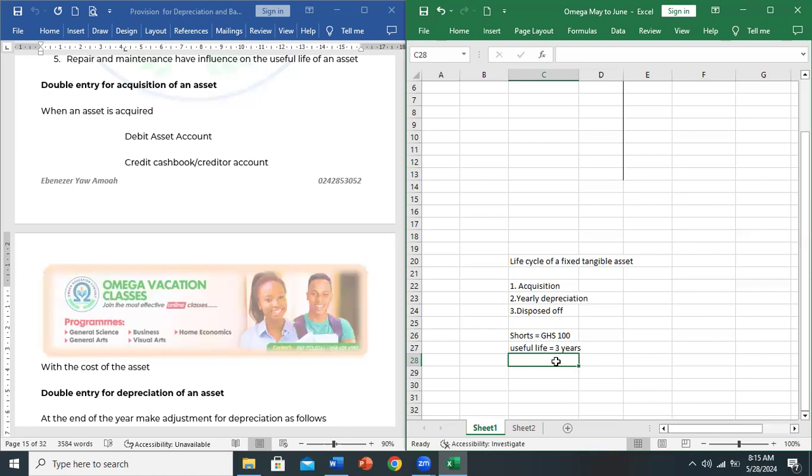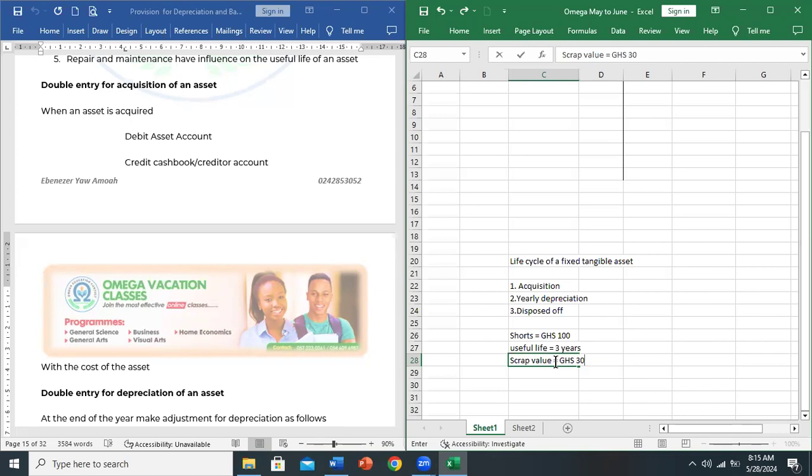The value of the asset after the useful life is called? Scrap value. Thank you very much. That's the scrap value. So after 3 years, Mami is saying that the value of the shorts will be 30. Okay, so that is great.